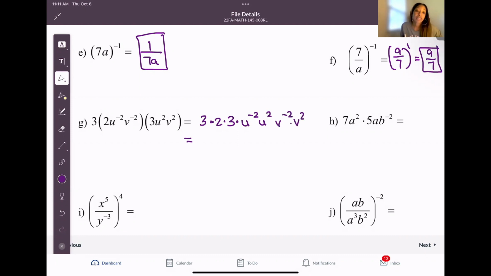When we simplify this, 3 times 2 times 3 is 18. And then for the u's, we have u to the negative 2 plus 2, and similarly for the v's, negative 2 plus 2. Negative 2 plus 2 is 0. So that's 18, u to the 0, v to the 0. That just is 18. The u's and the v's cancel out.